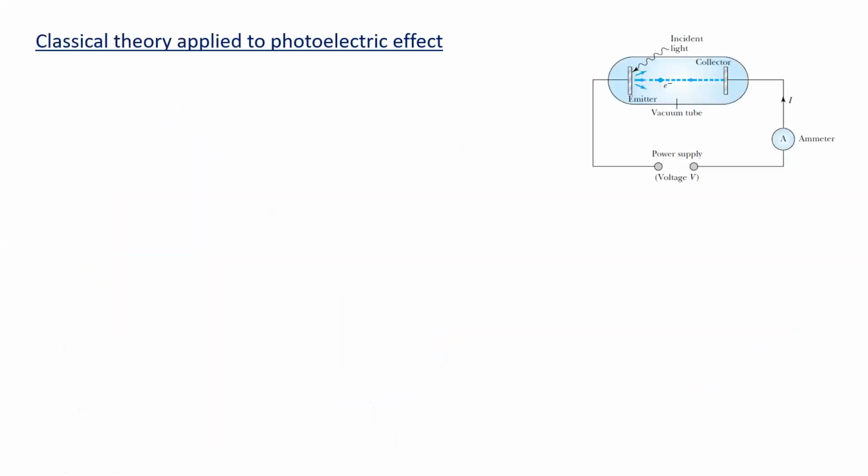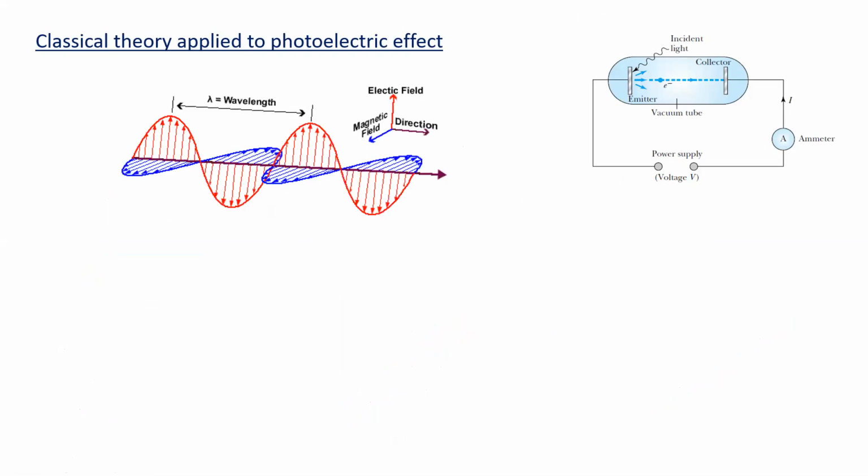And let's see how classical theory would be applied to try to understand the photoelectric effect. So classically, how does light interact with the electrons which are being liberated? Well, we know that classically Maxwell told us that light is made up of electric and magnetic fields, which are shown here. The red is the electric and the blue is the magnetic field.